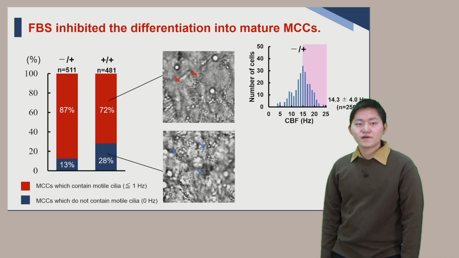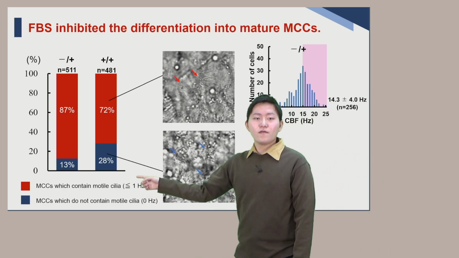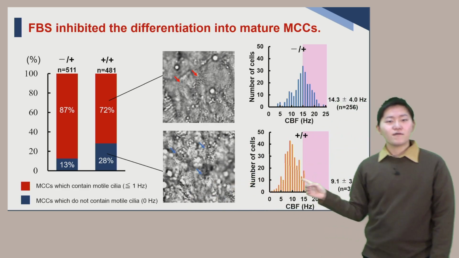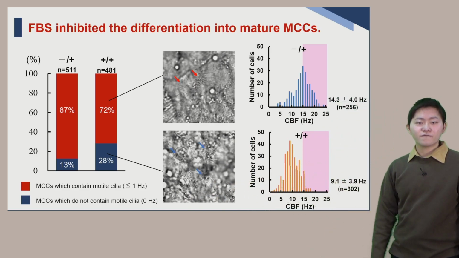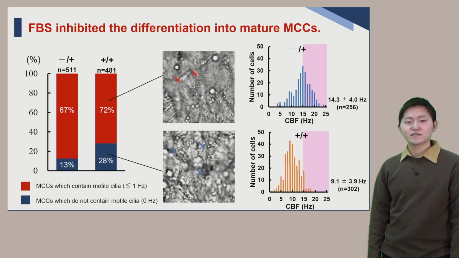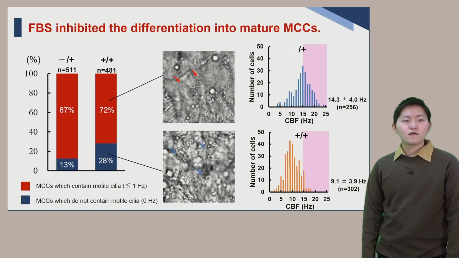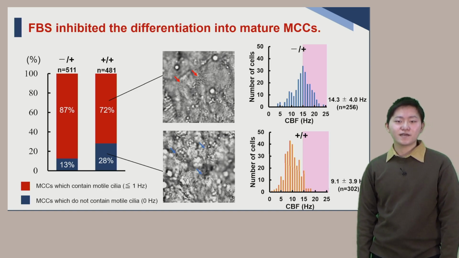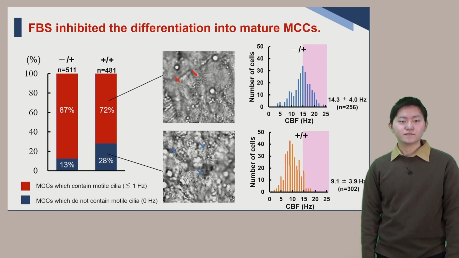However, in the plus plus conditions, non-beating cilia increased. The mean CBF was about 9 Hz, and only a small percentage of cells differentiated into mature ependymal MCCs. From these results, it is clear that FBS inhibited the differentiation into mature ependymal MCCs.